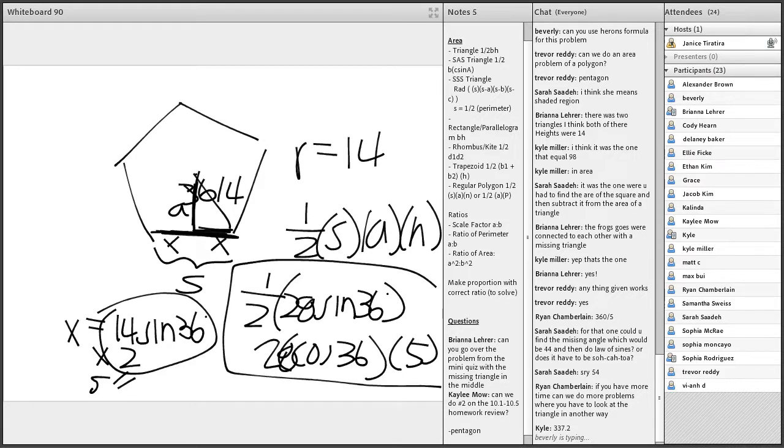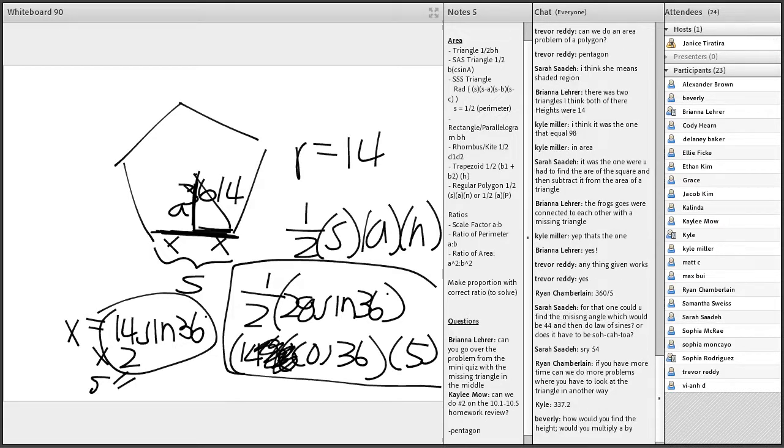Oh, nope, this is 14, 14, 14, my bad. And then you multiply those out. If you want that practice for your calculator, type it in your calc. Sorry, that was really fast, but just because of time. Cosine 36 times 5, and this is in the 400s.